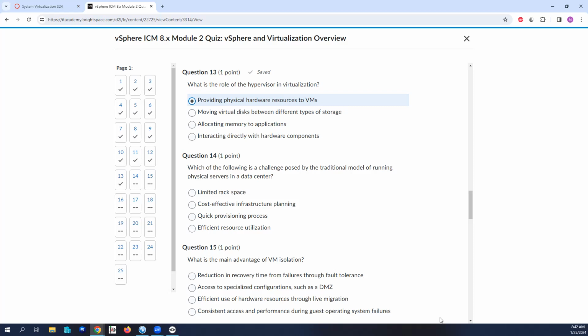Moving virtual disks between different types of storage, that would be Storage vMotion. Allocating memory to applications, that would be handled by the guest operating system. Interacting directly with hardware components, that would also be the guest operating system.